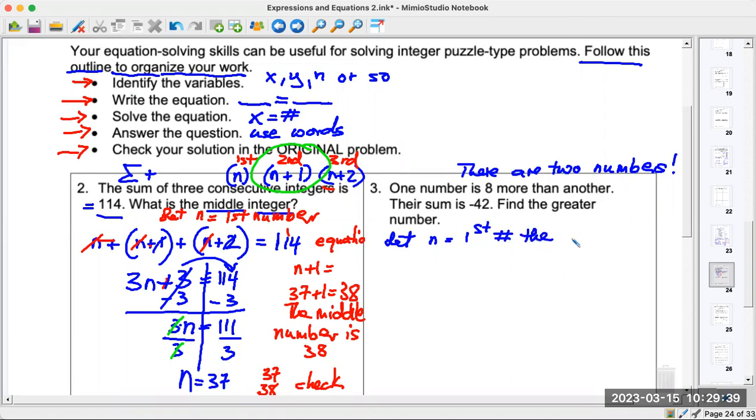Then I'm going to say n + 1 is the second number. No, nope. These are not consecutive.